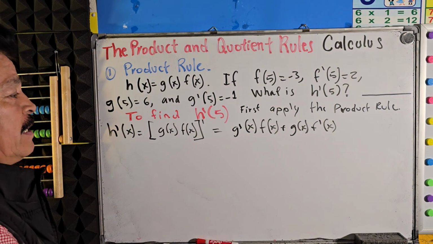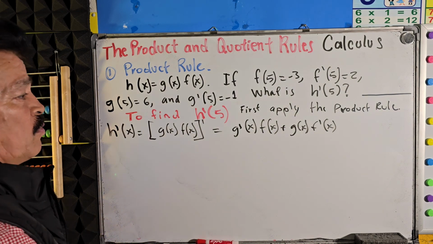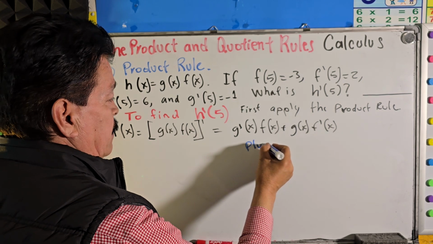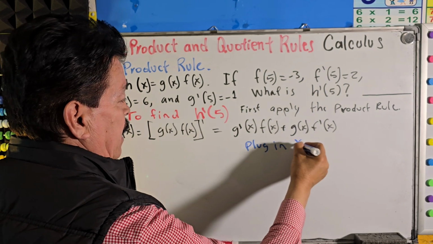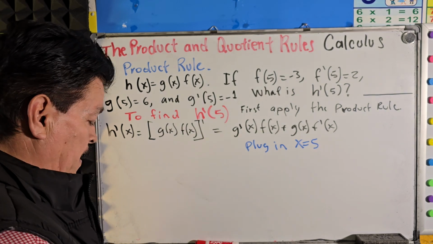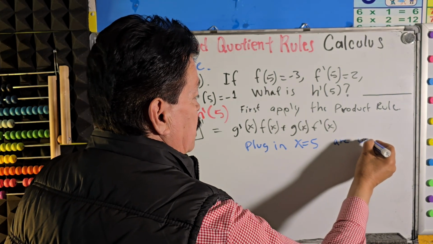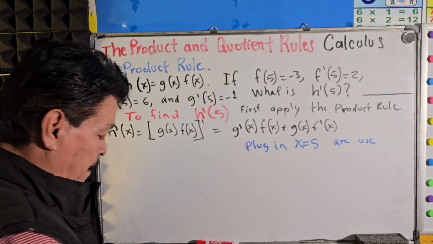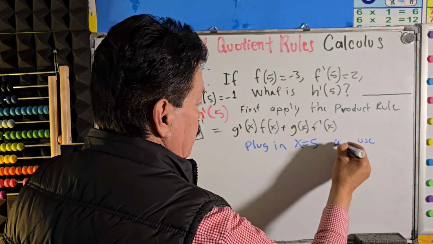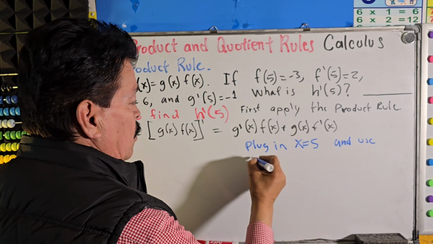We have to plug in the values here. This is a plug in x equals phi. That's our data. Use the values.